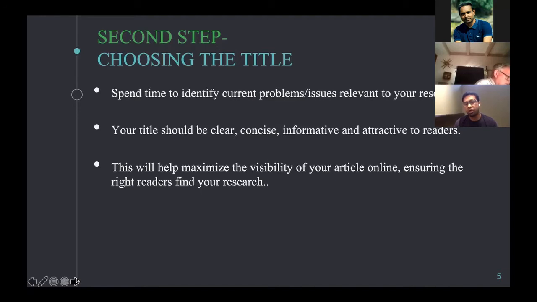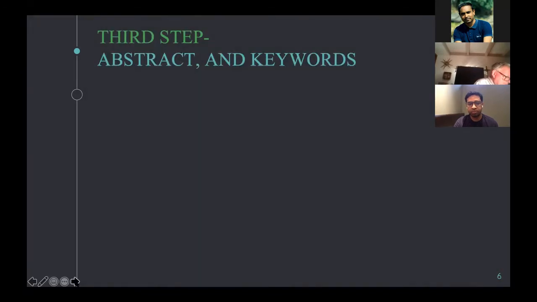They first look at your title, then maybe they find some interest, then they will go through the abstract or conclusion. Then if they find it more interesting, they'll go to your main body, you can say the results or discussion part. So the title is very, very important to start your review paper.